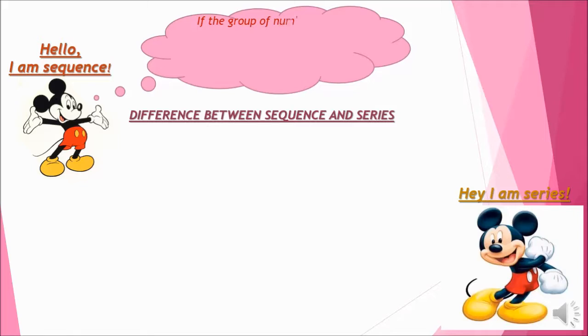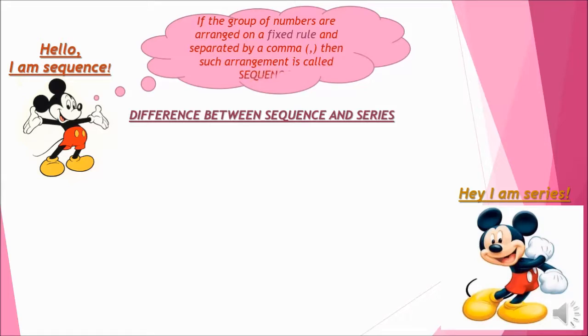If a group of numbers is arranged on a fixed rule, we know what fixed rule means, and separated by commas, then such an arrangement is called a sequence.